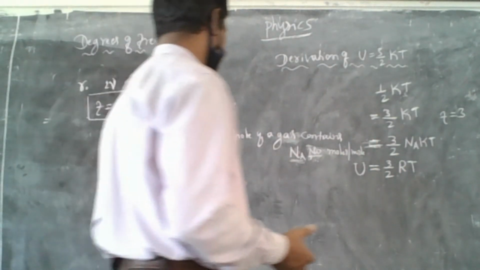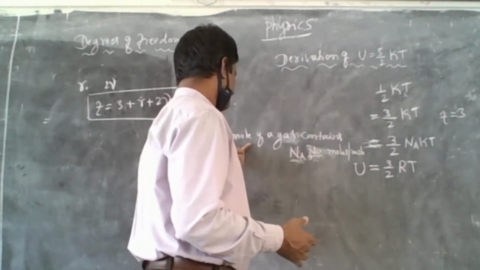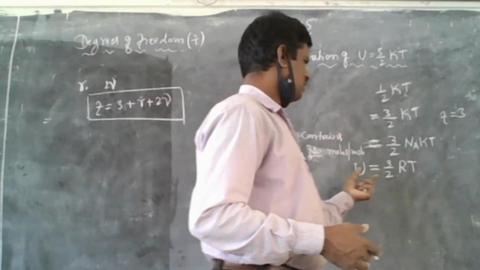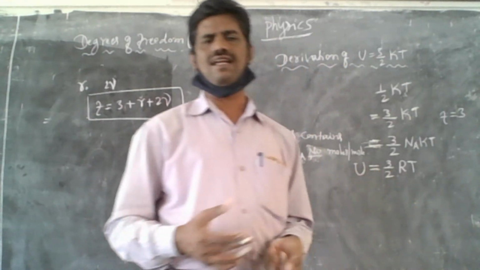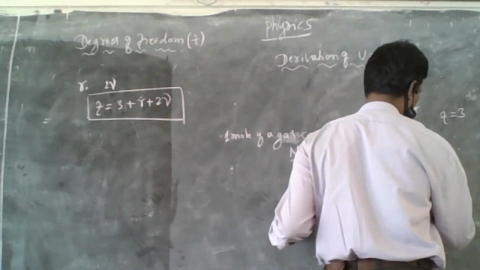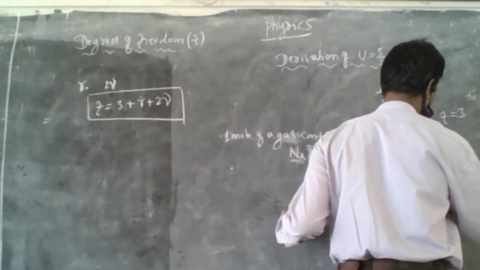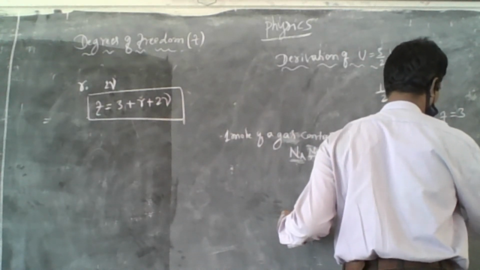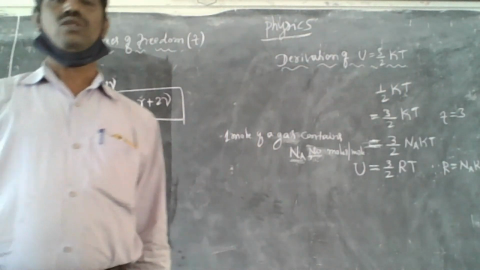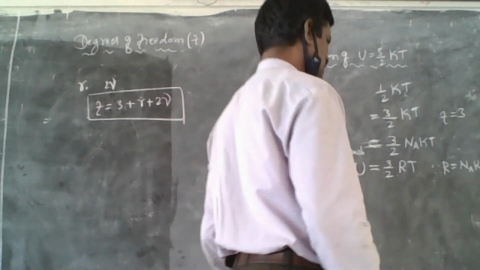The total energy is given by U equals 3/2 RT, where R equals Na into K, and R is the universal gas constant.